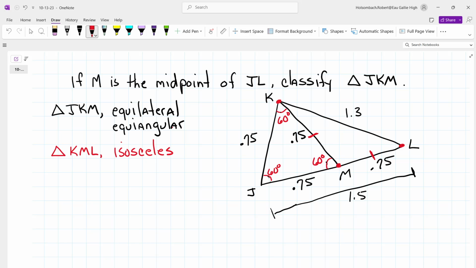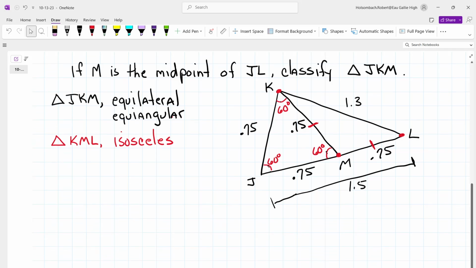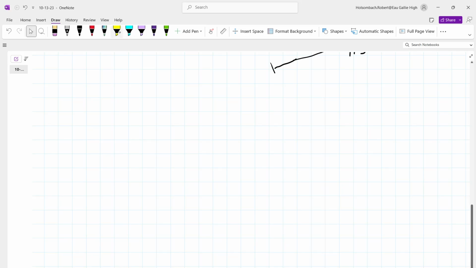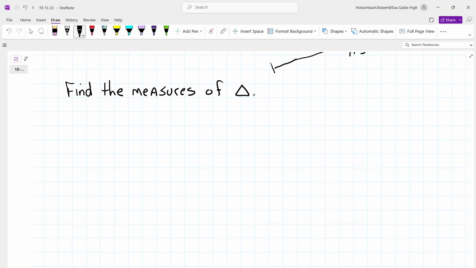Let's look at example 5, finding missing values. We're going to find the measures of the sides of isosceles triangle ABC. And here we go.